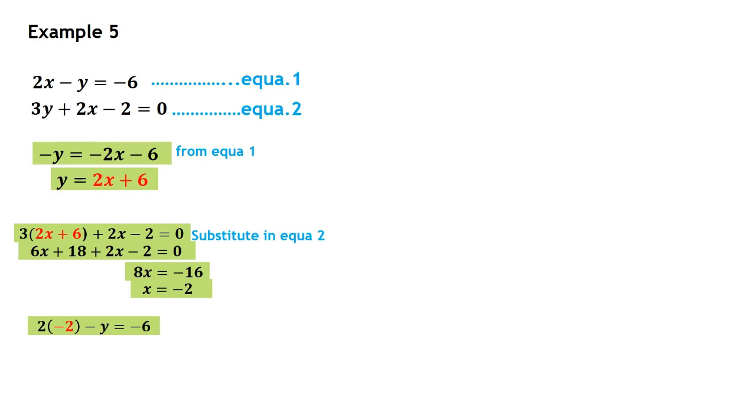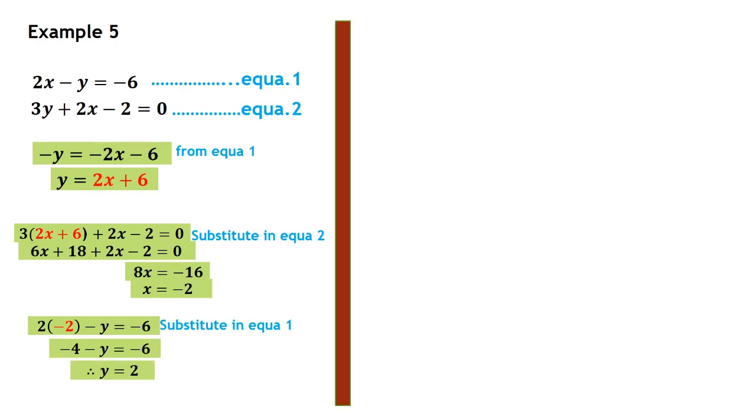Substitute your x in one of the two equations. I've gone for equation 1, which is the easiest to deal with, and solve for y. And your y equals 2. Very easy.